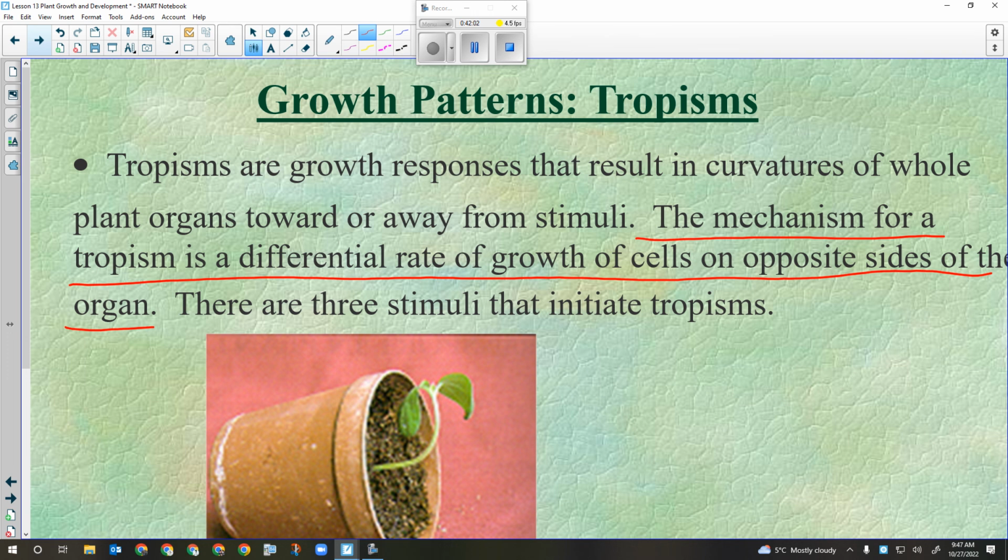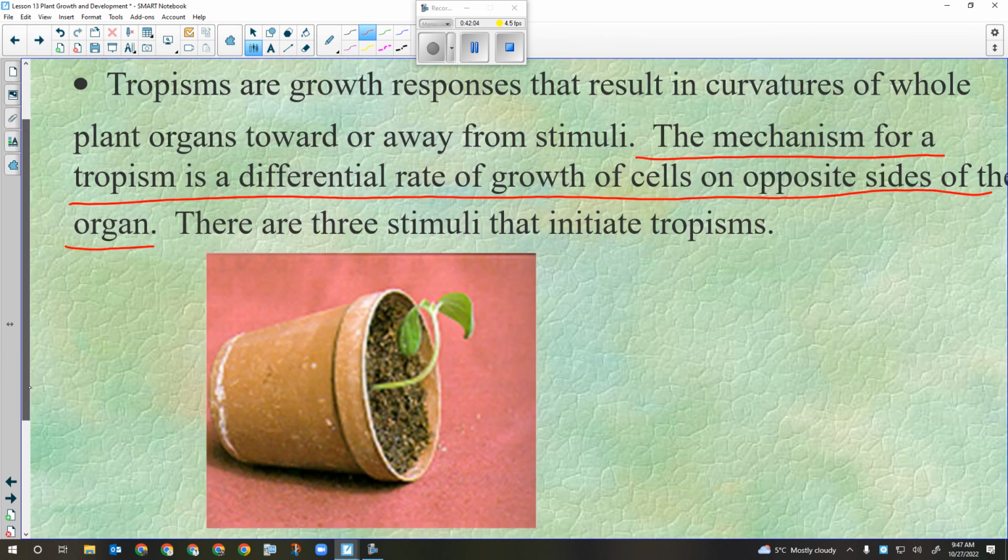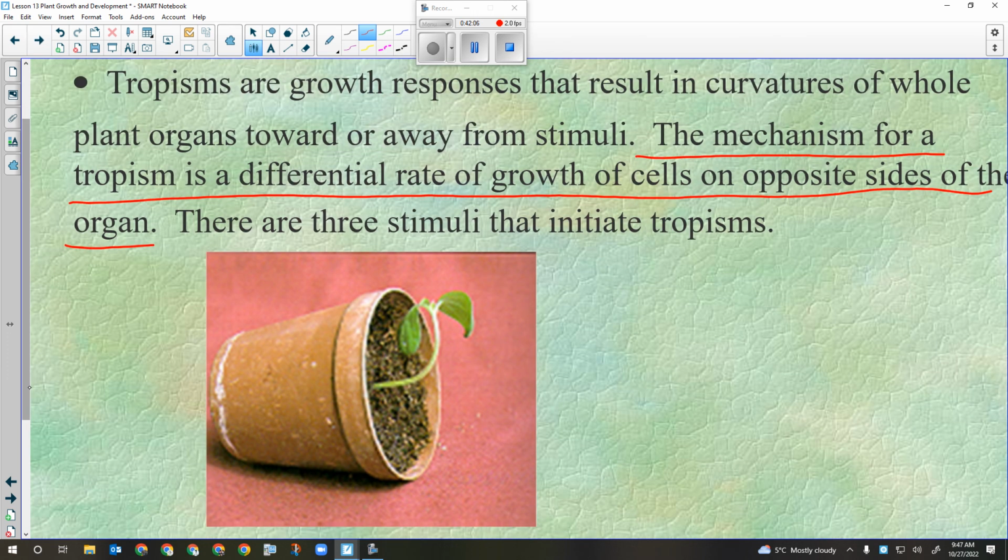If I'm looking at this plant right here, which side, the bottom or the top, grew faster? The bottom, yeah, because it had to grow farther in order to cause this curve.